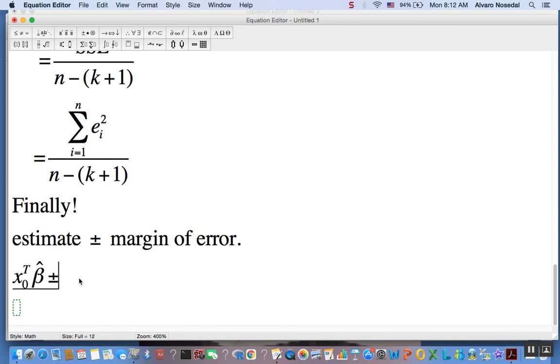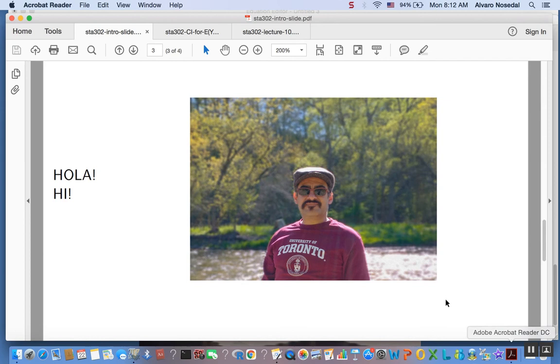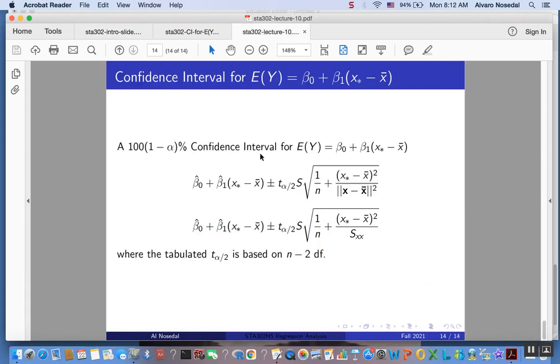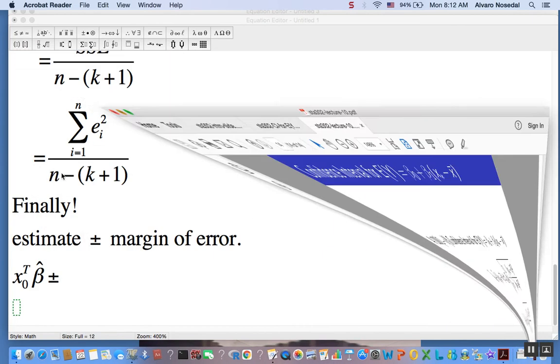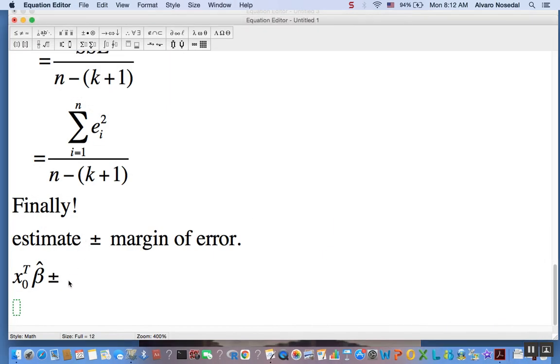But let me just remind you about something that we had before. Remember, we had this critical value times the standard error, right? So we are going to have a similar situation, and in a minute we're going to argue why this makes sense.